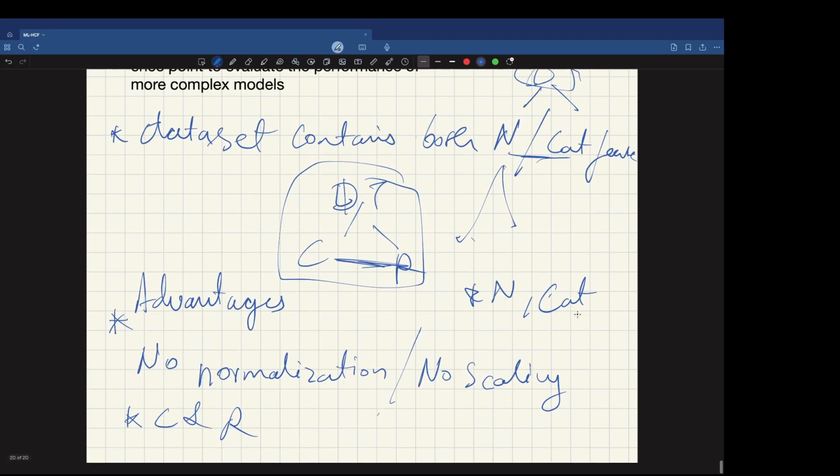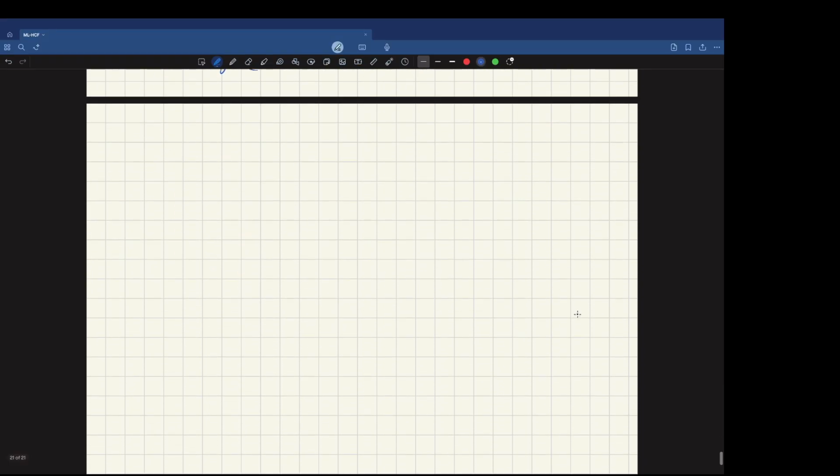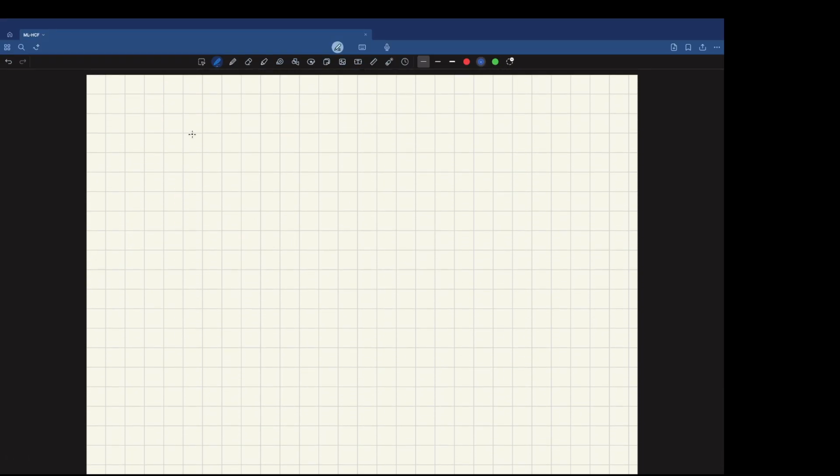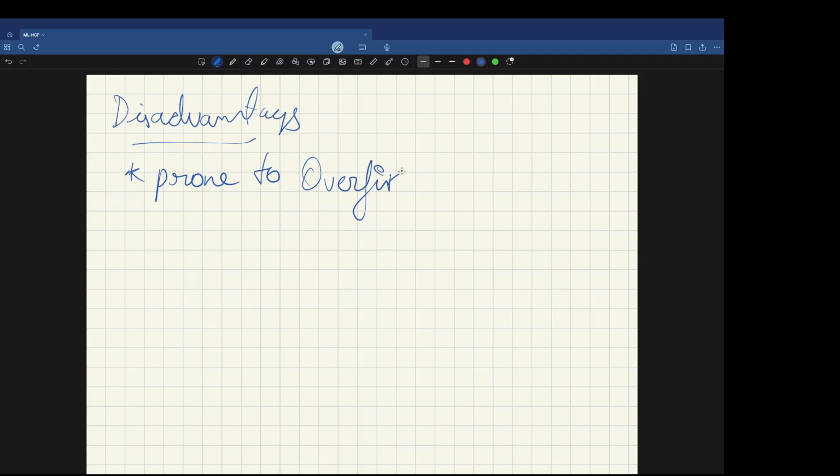Okay, disadvantages. This is an important point, you should know. The first disadvantage is that it is too prone to overfitting. We already discussed how.